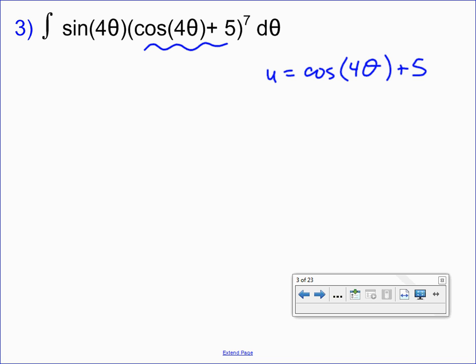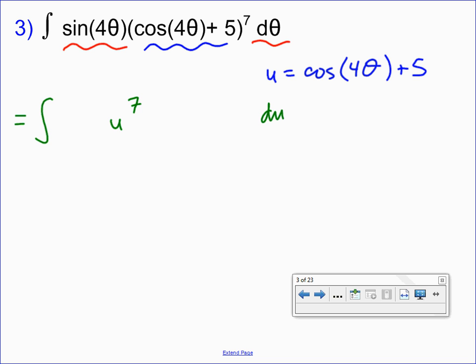Right? So we're working towards an antiderivative for u to the 7th. We know that if we were to replace the cosine of 4 theta plus 5 with u, we get u to the 7th. And now we just need to see how this sine of 4 theta d theta relates to u so that I can complete my substitution and integrate with respect to u, since I now have u's in my integrand function. So let's go ahead and take du d theta.